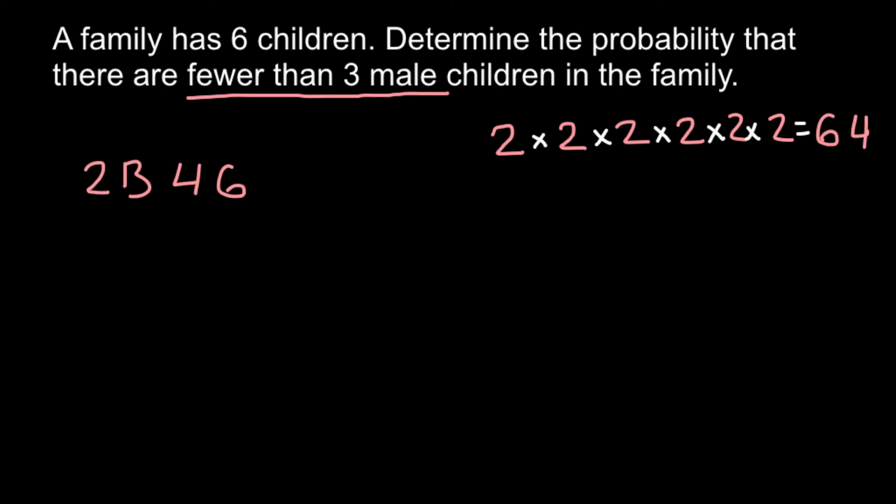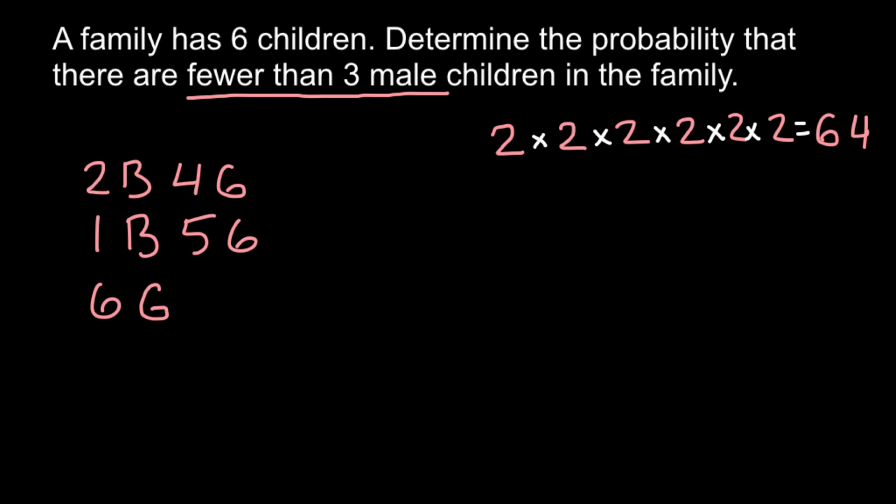Another combination would be 1 boy and 5 girls, and the last combination would be when all 6 children would be girls. So as you see, out of many different combinations, we are looking for the frequency of only these 3 combinations that would give us fewer than 3 male, so 2 male, 1 male, and no male at all.